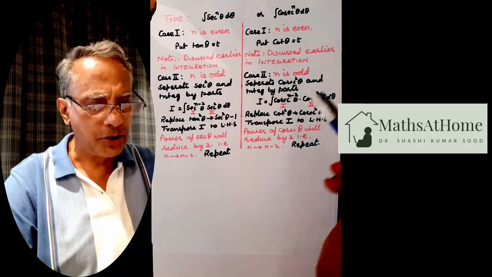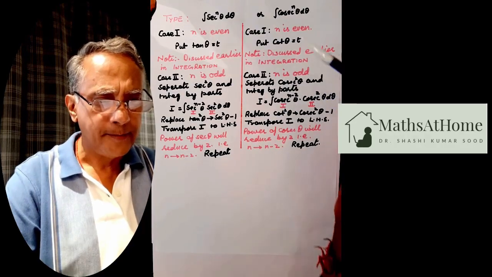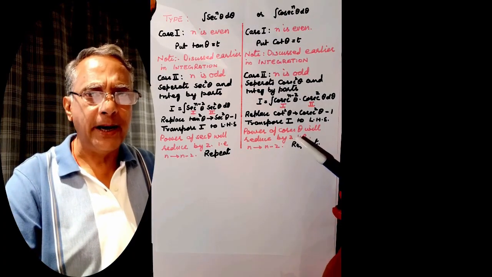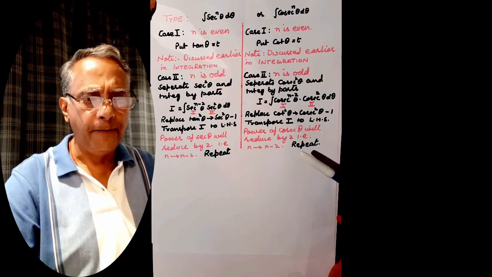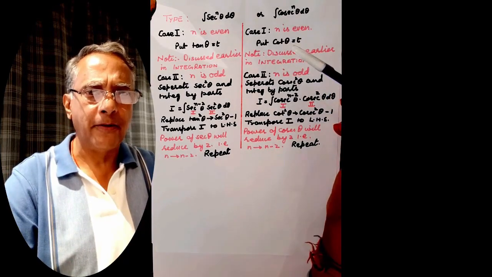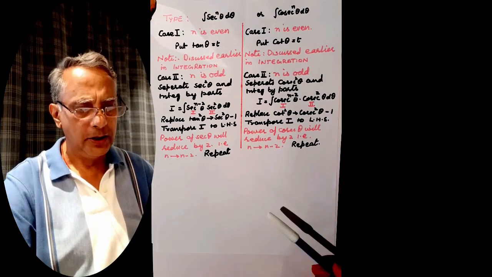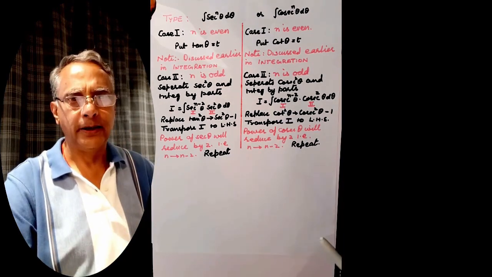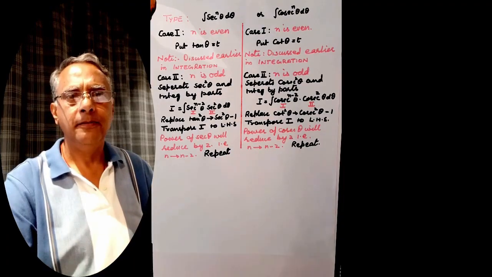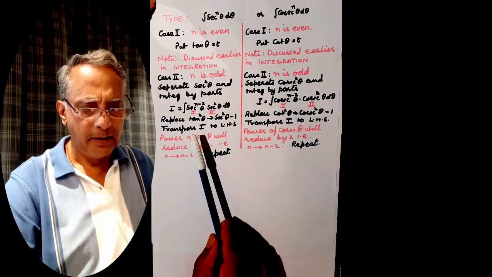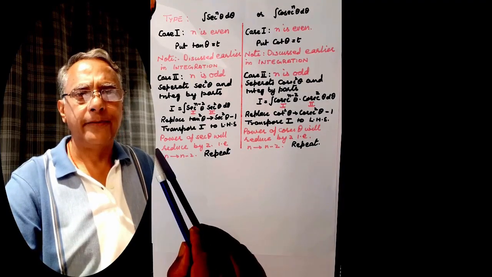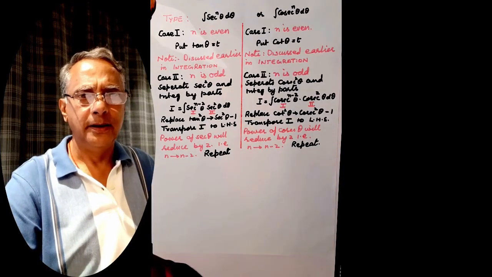The power of cosecant will get reduced by 2, it will become n minus 2. If the power is 5, it will become 3. Repeat the process, and the power will reduce from 3 to 1. So this is the general method: separate secant square theta and integrate by parts. In the result, transpose I from the right hand side to the left hand side and we will get the result.